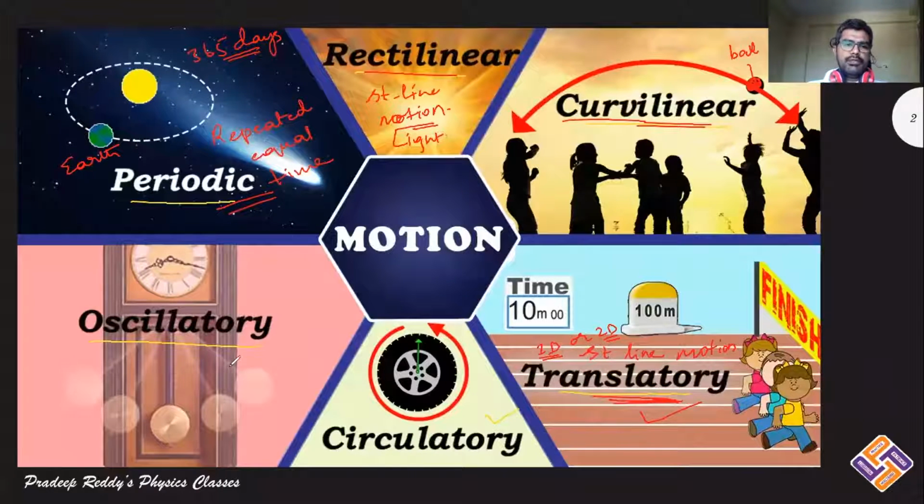And another type of motion is oscillatory motion. Oscillatory motion is to and fro, or back and forth.